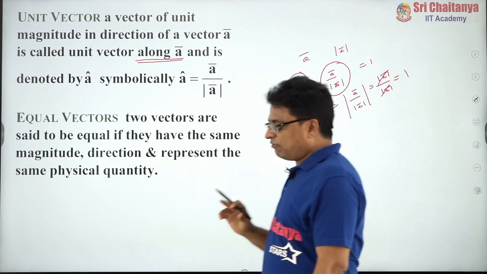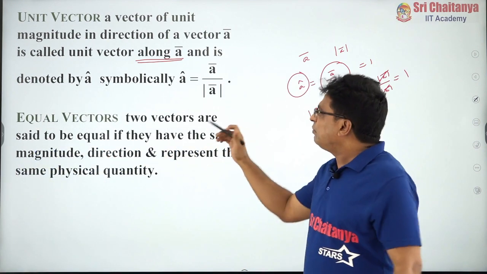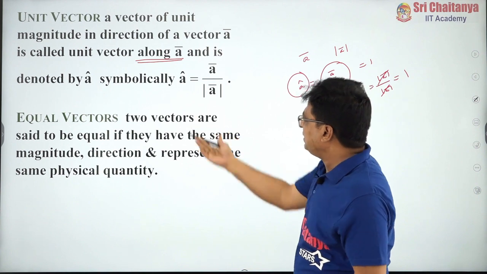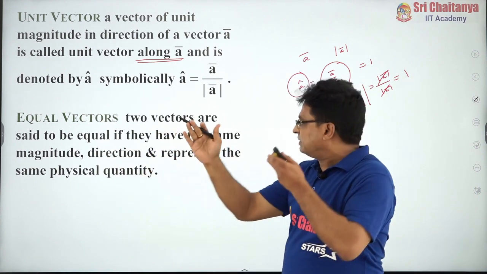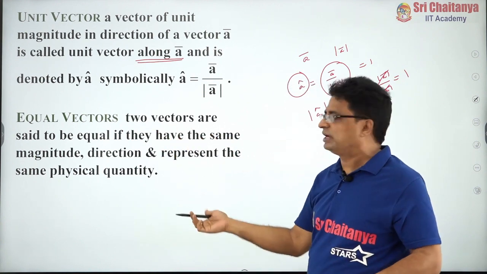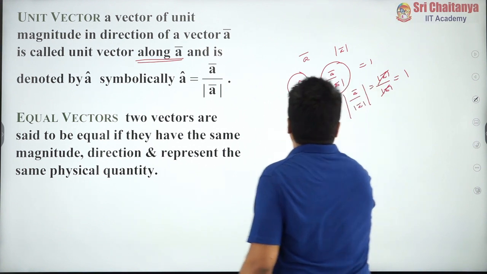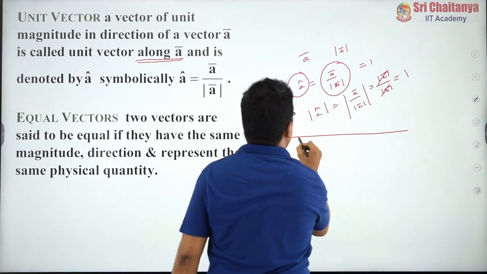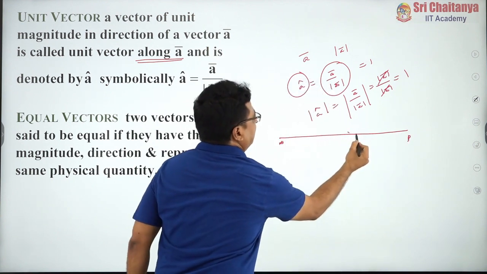Now, coming to equal vectors. Two vectors are said to be equal. Its definition itself says that from the direction point of view as well as the magnitude point of view, if two vectors are equal, then the vectors are called equal vectors. Say for example, this is A and this is B, this is vector AB.